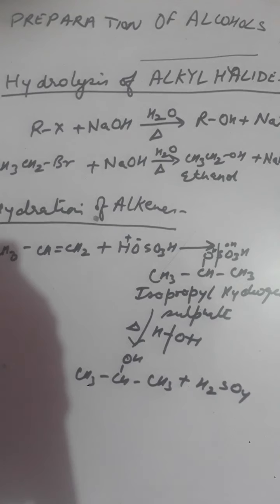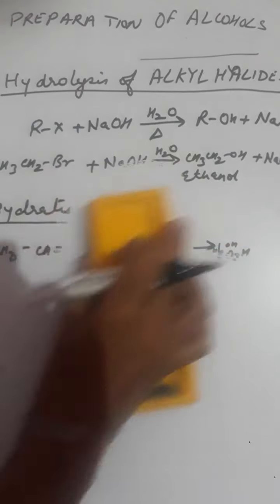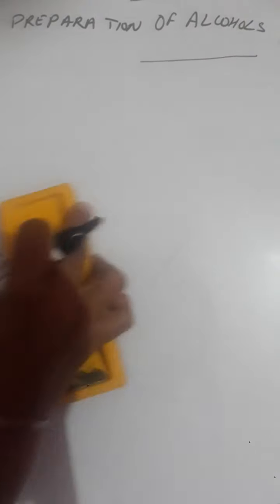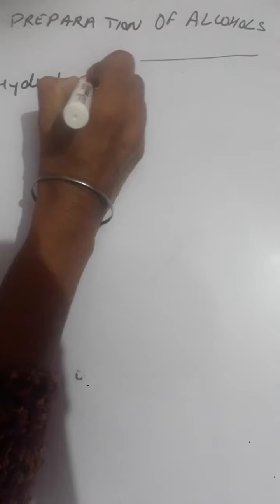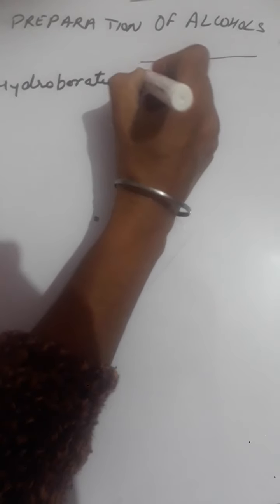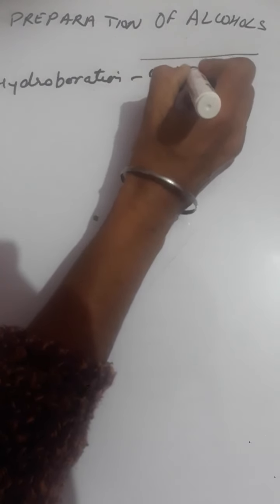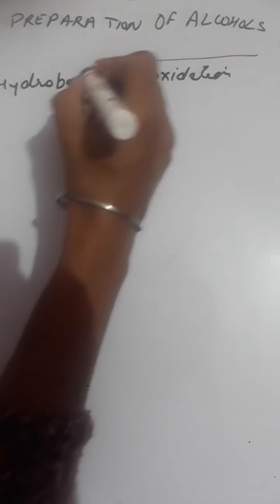Besides this, alkenes on hydroboration and oxidation produce alcohols. Look how. We say hydroboration followed by oxidation of alkenes.